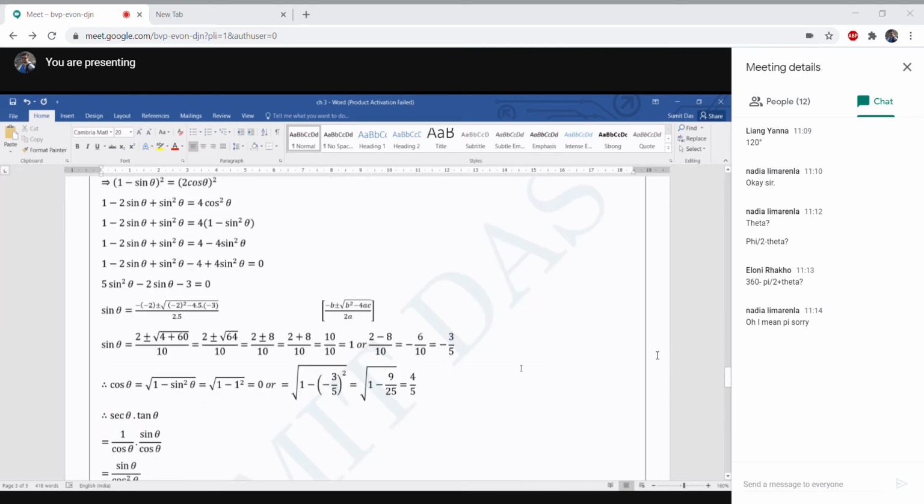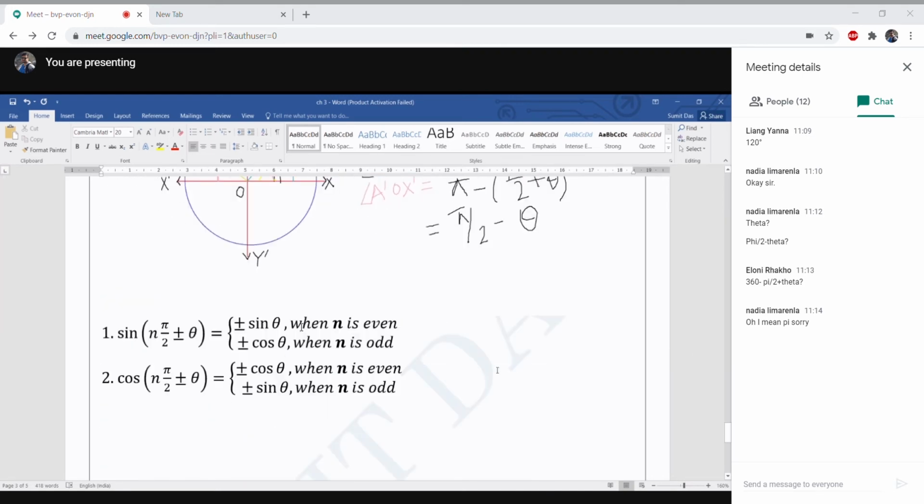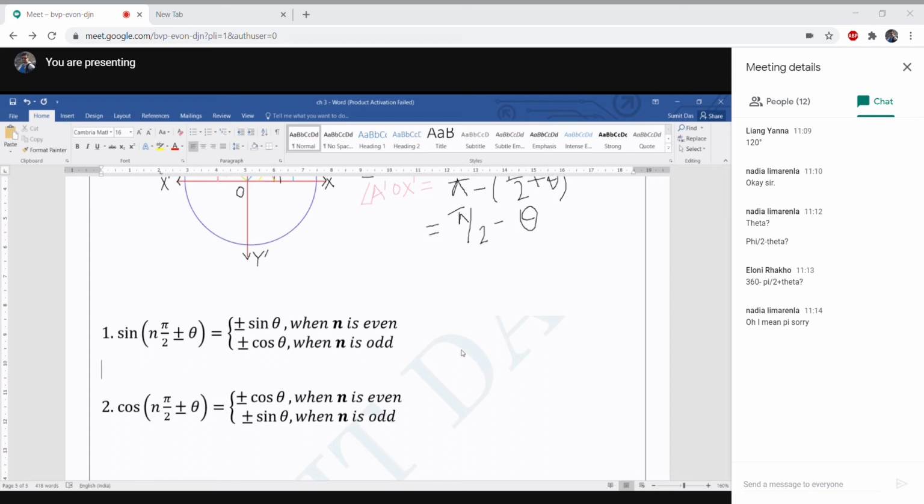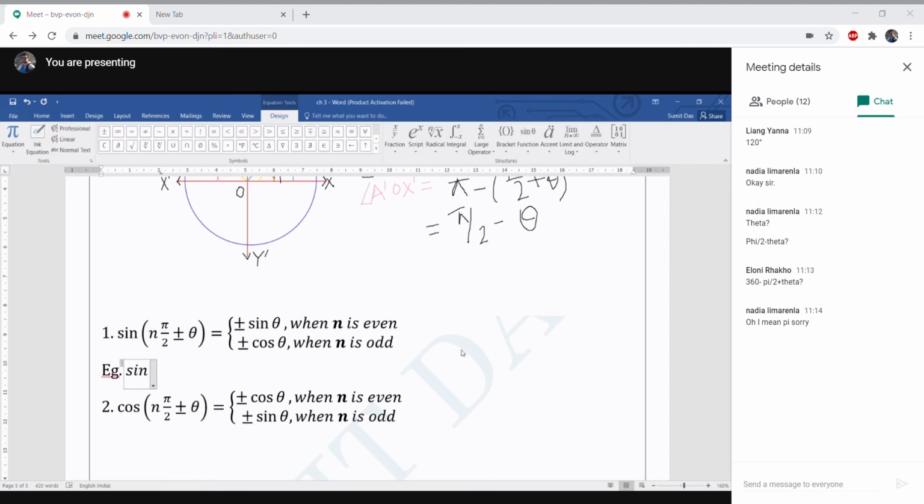So this formula is saying that sine n pi by 2 plus minus theta, it can be plus theta or minus theta, equal to plus minus sine theta when n is even. Let's give one example. Suppose we have to find sine 135 degree.